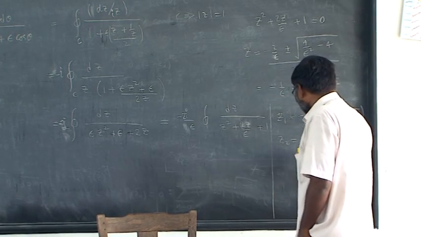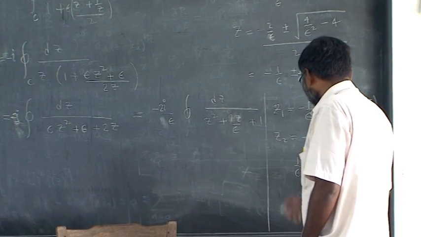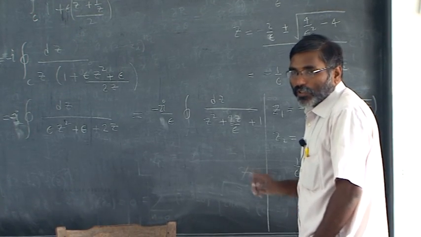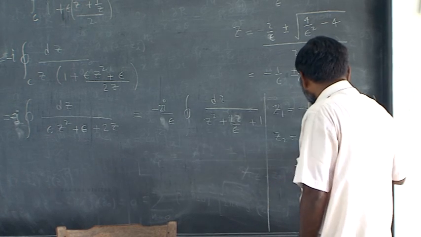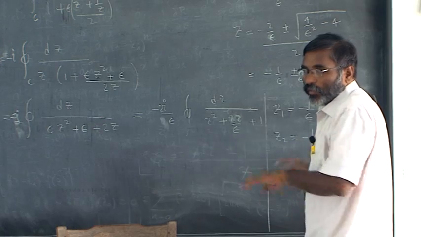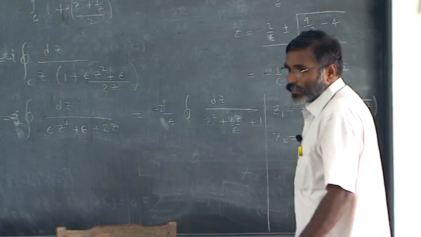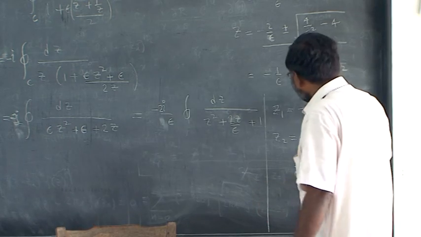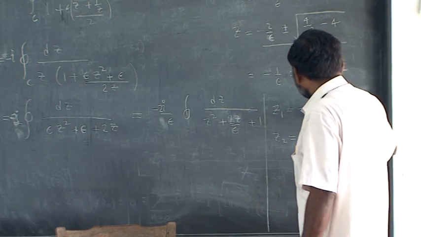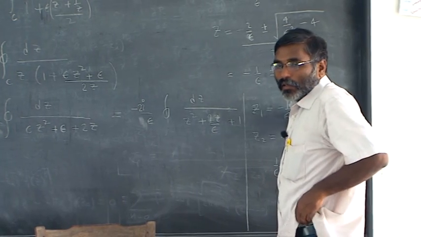Correct? Since epsilon is between 0 and 1, 1 by epsilon is greater than 1. This is more than 1, so z2 will be more than 1 in magnitude and will never be inside the circle. But z1 can be inside, because if this factor is sufficiently small, even though 1 by epsilon is more than 1, it can come inside.